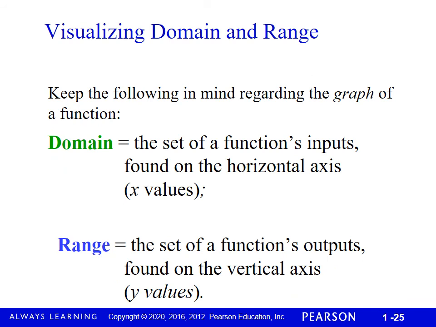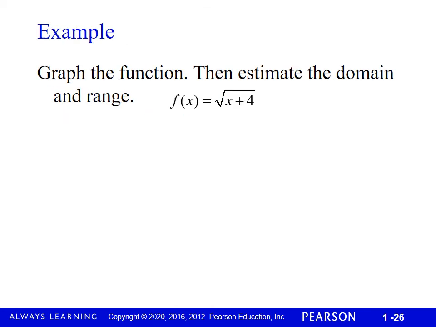Remember, when we're thinking about a graph, the domain is all the x values, and the range is all the y values. Input, output. Input, x. Output, y. Domain, x. Range, y. Okay?